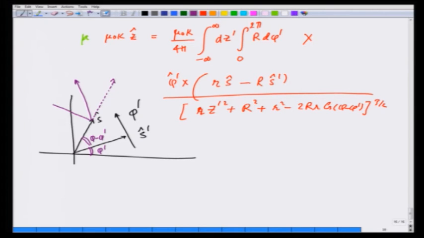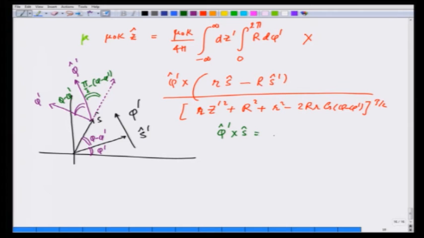The angle between the phi prime unit vector and the phi unit vector is also out here. Let me show it in a different color, it is phi minus phi prime, and therefore, this angle is pi by 2 minus phi prime.